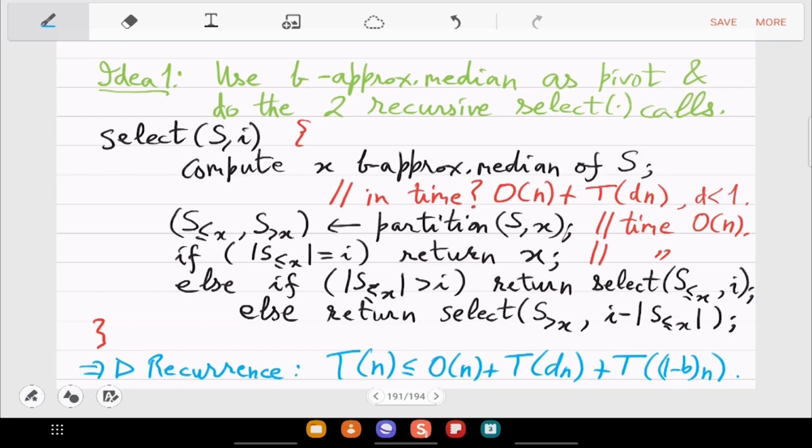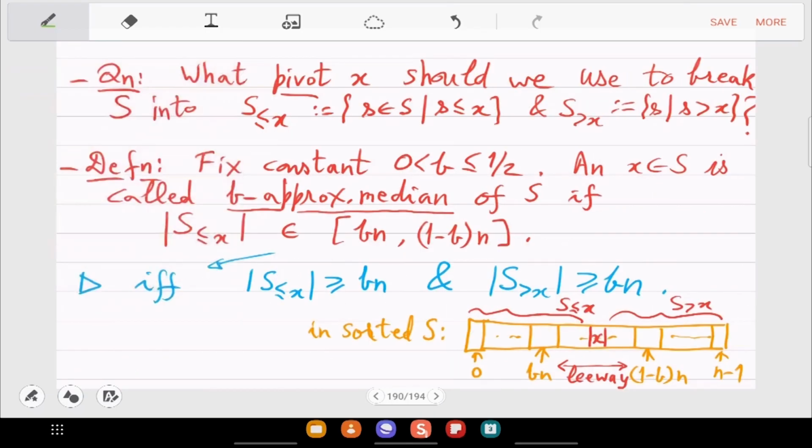So on the top right slide, you see that the guarantee is between Bn times 1 minus Bn. So the bigger one is 1 minus Bn. So whichever case this select S i calls, and remember that it will call only one, not both, whichever it calls is smaller than 1 minus Bn. So you have Dn and then you have 1 minus Bn. These are the two calls.